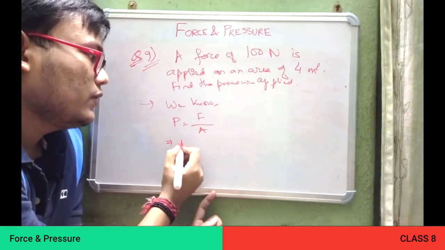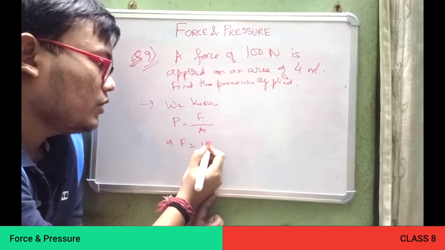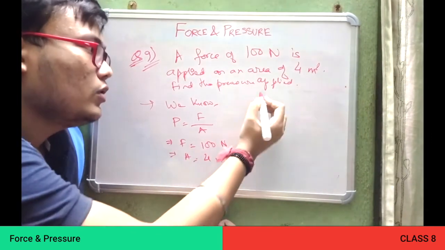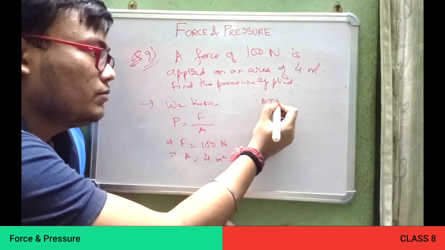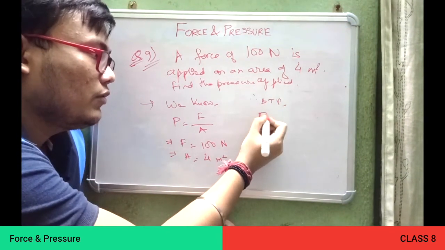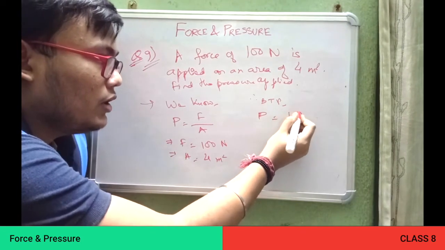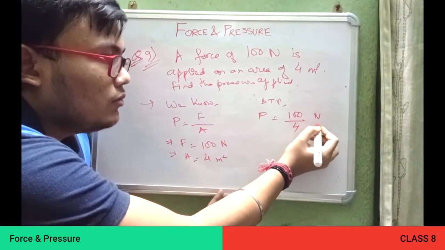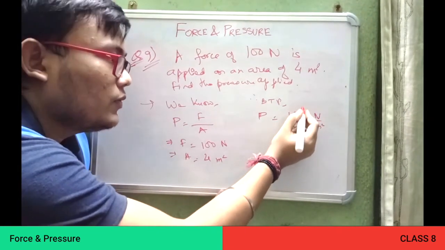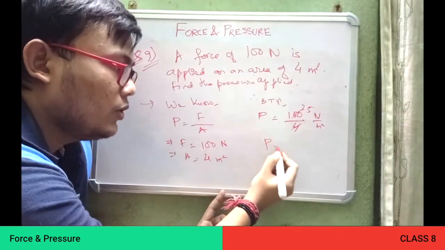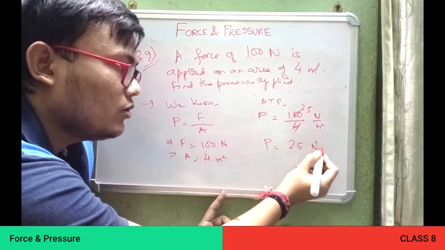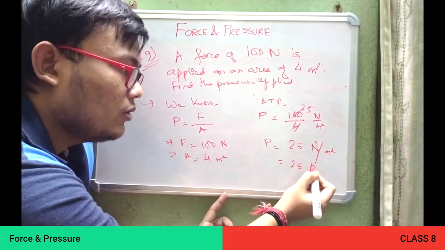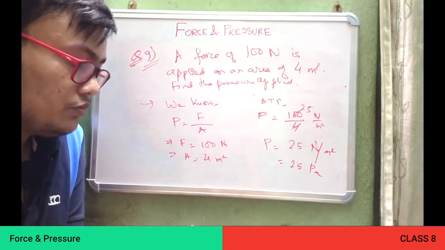Force is 100 newtons, area is 4 meters square. By the problem, pressure equals 100 divided by 4 Newton per meter square. It becomes 25. Pressure is 25 Newton per meter square or 25 Pascal. So this is the answer.